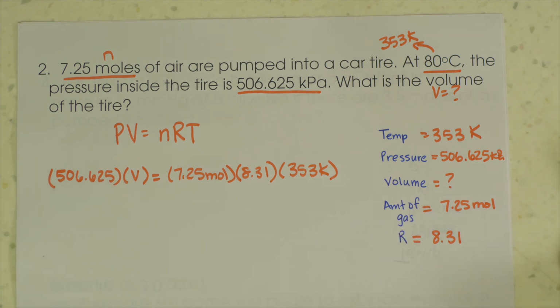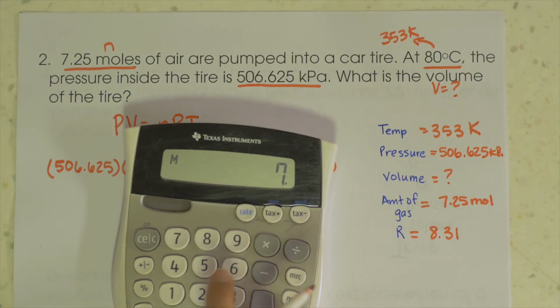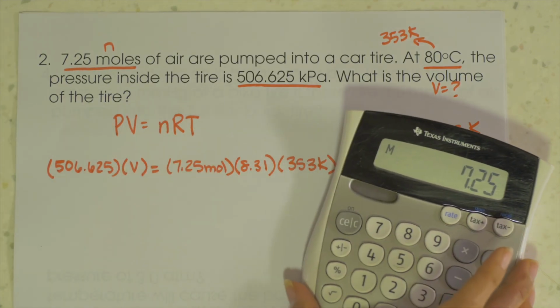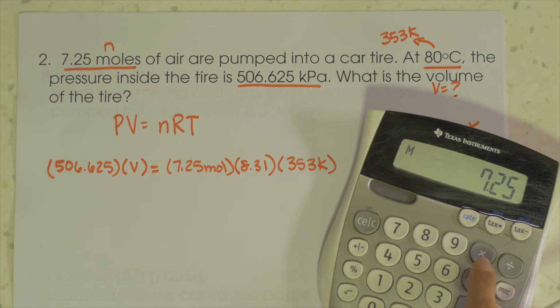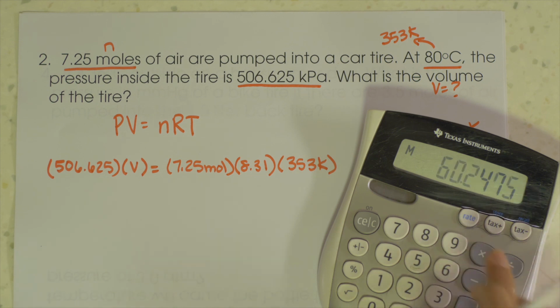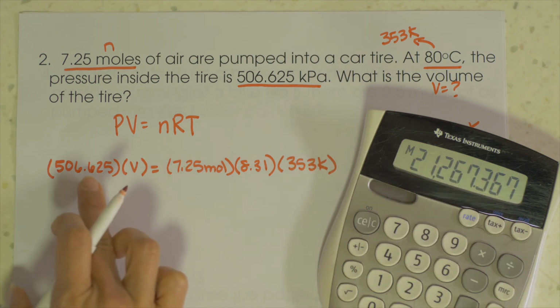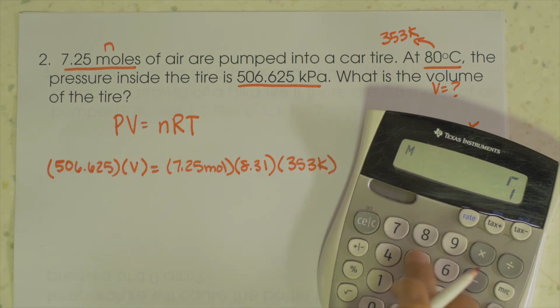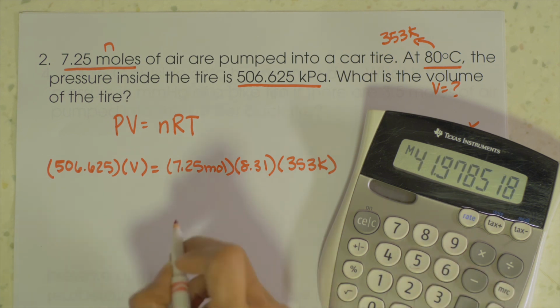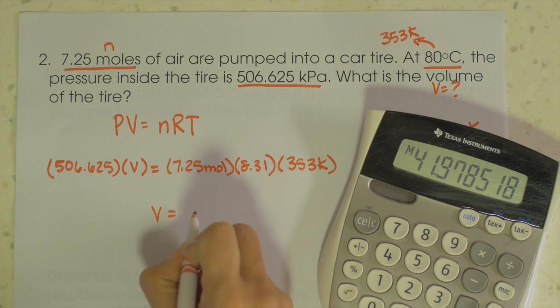So let's see what that looks like. 7.25 times 8.31 times 353, and hit equal. That's what I should have in my calculator, and then I'm going to divide it by that, 506.625, and hit equal.